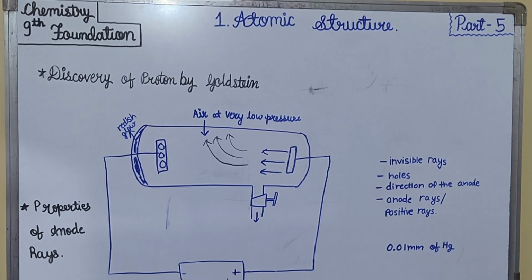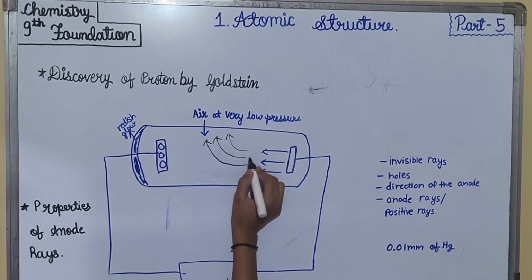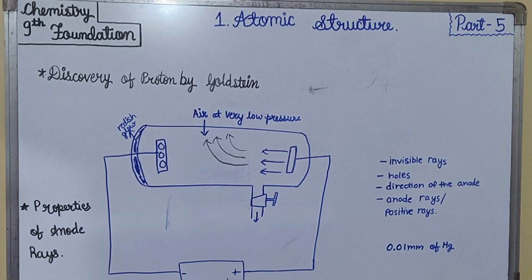The rays were deflected, so the observation was the rays were deflected towards the negative plate of the electric field. Conclusion was this confirms that these rays consist of positively charged particles.